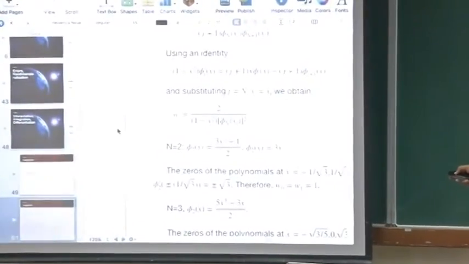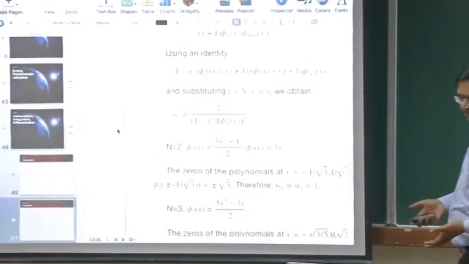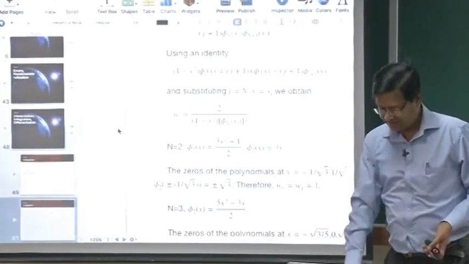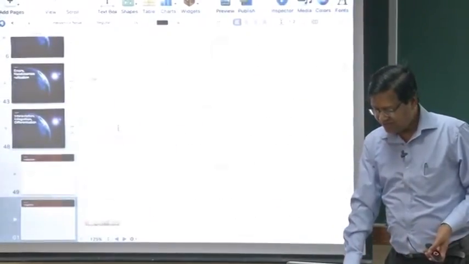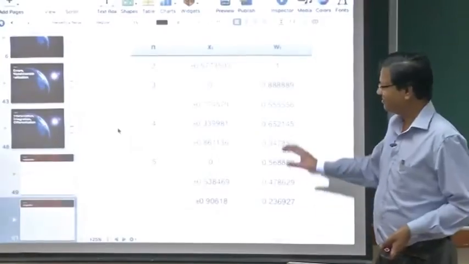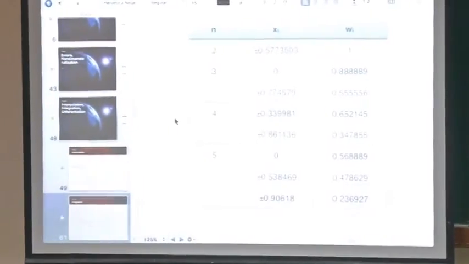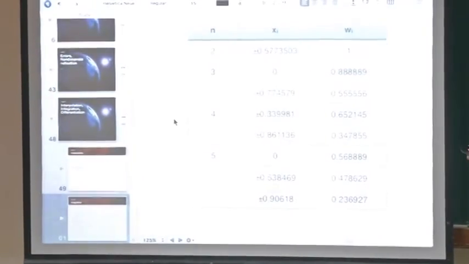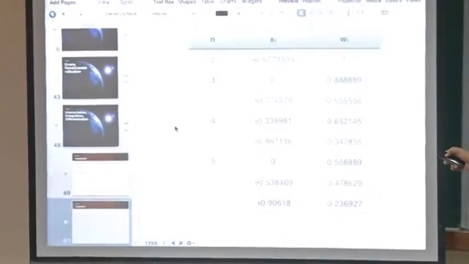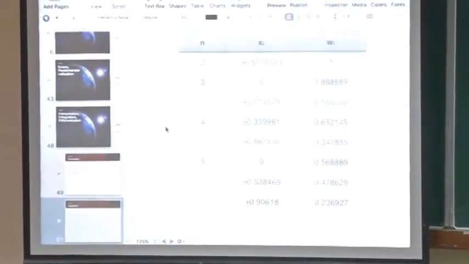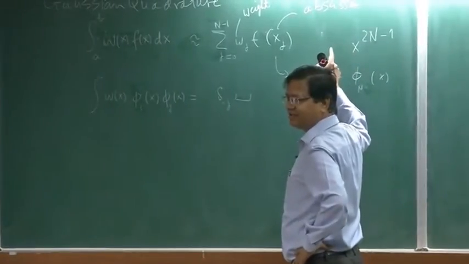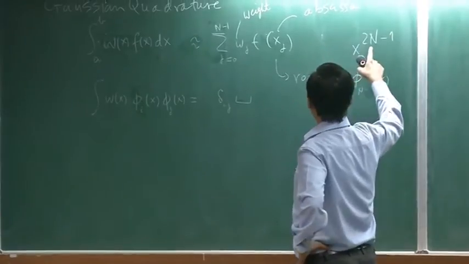This is a formula, but what is given is a table. You don't need to calculate it first hand. Somebody has done a lot of work, and you can use this table. For the table for n equal to 2, I want accuracy up to x squared, x cubed. Then I should choose n equal to 2.